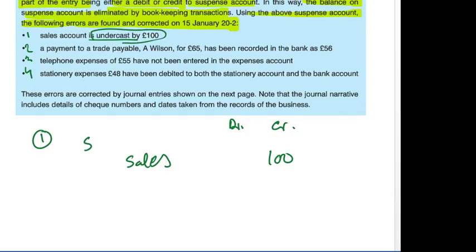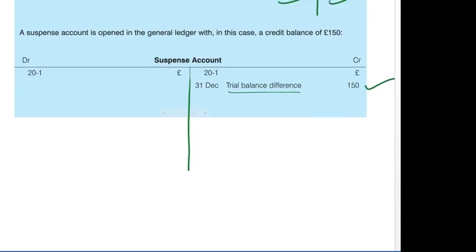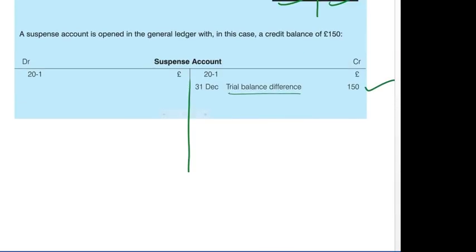You make this obvious error correct by making sales credit, and the opposite account is your debit suspense, 100. Okay, done. And this one we will take into our T account. Suspense debit. On the debit side is 100, and the detail we write, the opposite account's name, is sales.